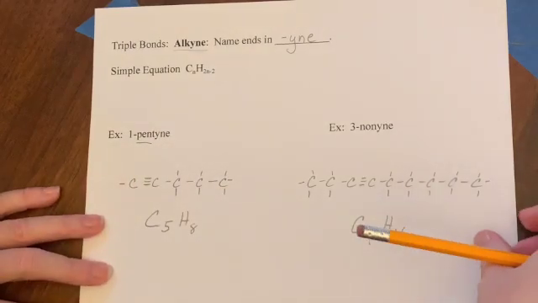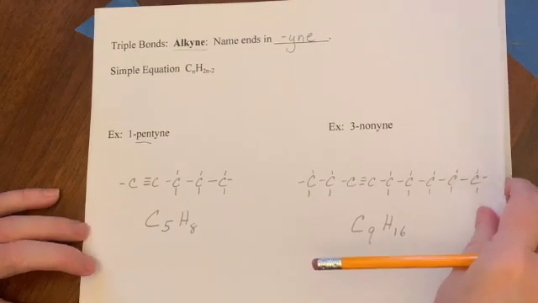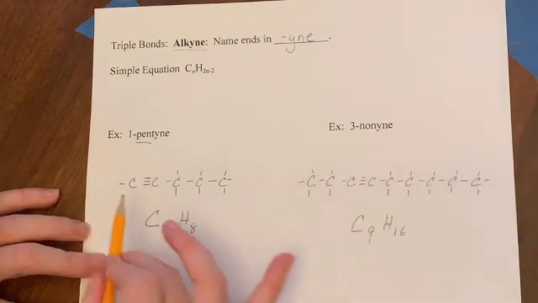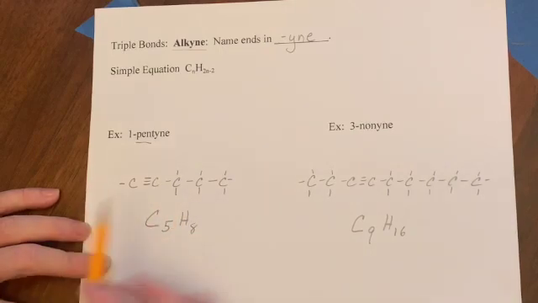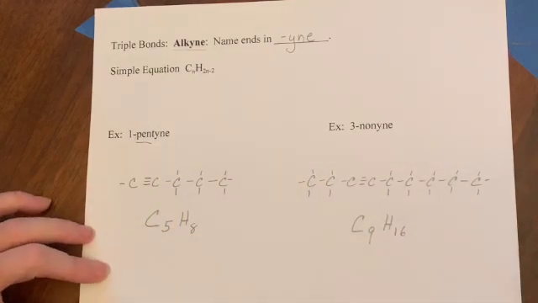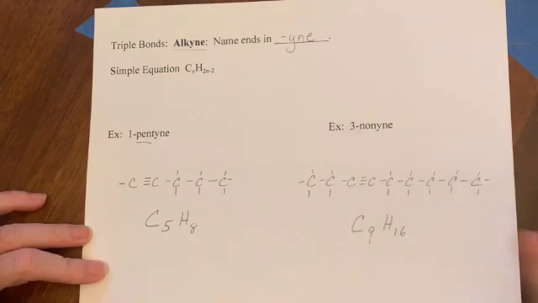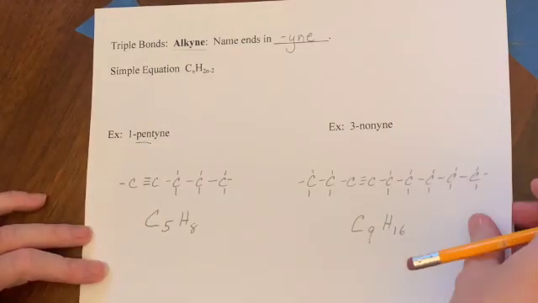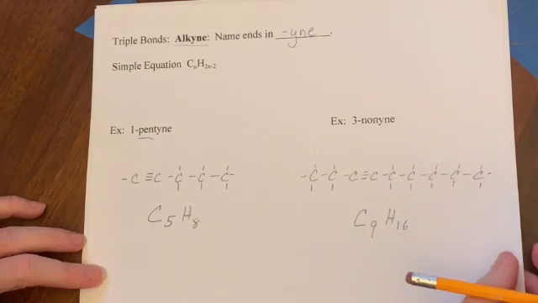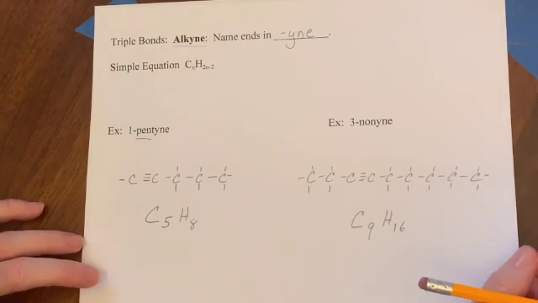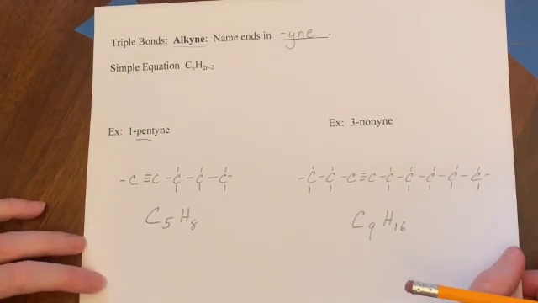Okay, fantastic. Now, when we draw out molecules like this, things like 3-nonyne and 1-pentyne, these are called chains. And they're called chains because they just go in a straight line for a while, right? They just keep going. An interesting thing about organic compounds, and a reason why we can get so many different types of them, is that you can also have what are known as rings.